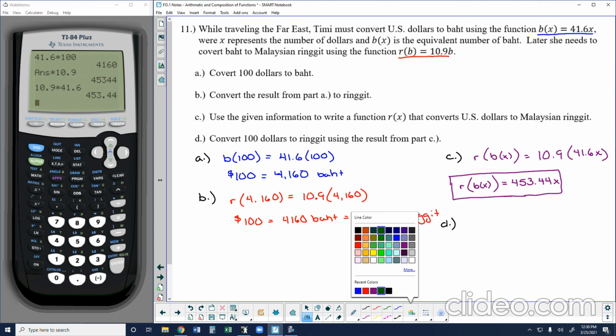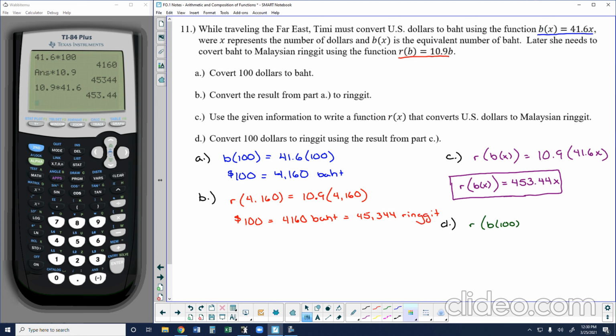What we would be finding here is r of b of 100, which would be 453.44 times 100, which you could do in the calculator if you needed to, would be 45,344 ringgit. So we can see that this method does the same conversion that we did previously, but in one step.